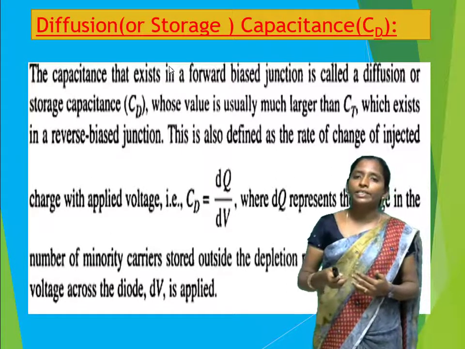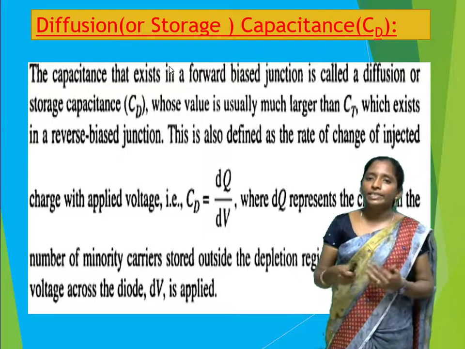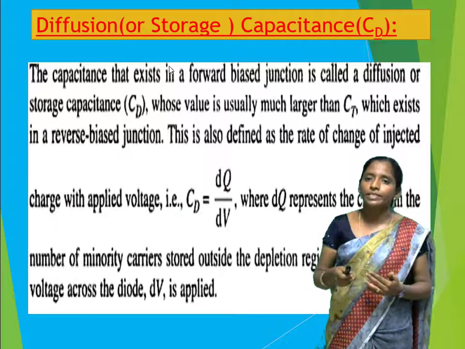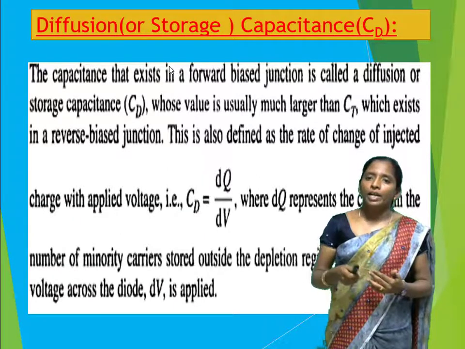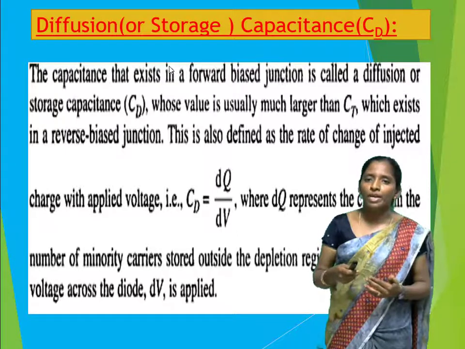So here CD is greater than CT. CD is the diffusion capacitance and CT is the transition or space charge capacitance. CT is present in the reverse bias condition and CD is present in the forward bias condition.